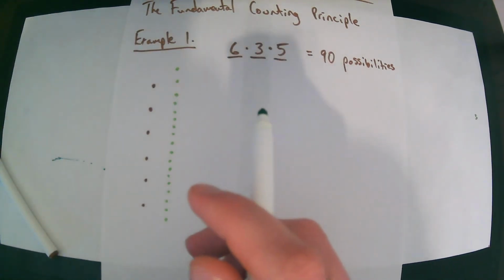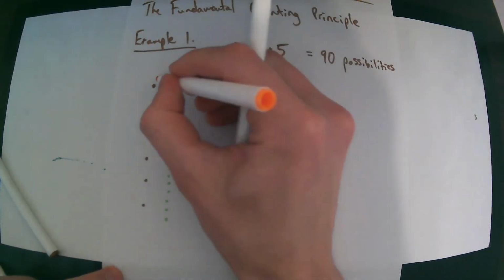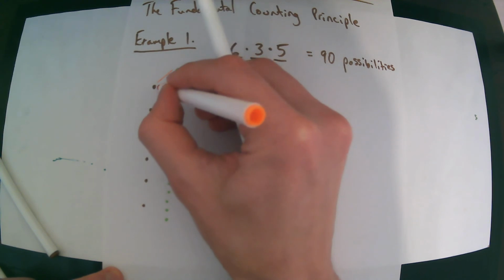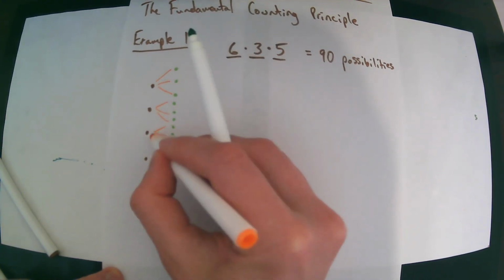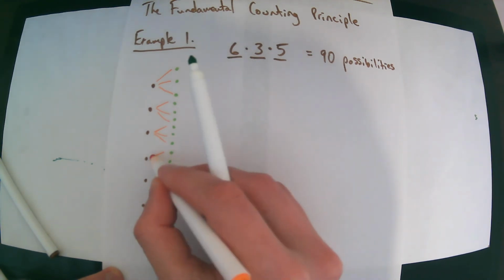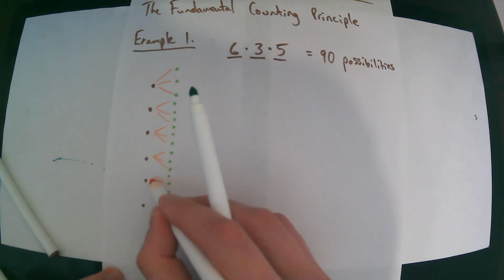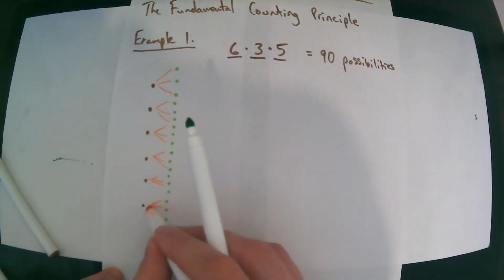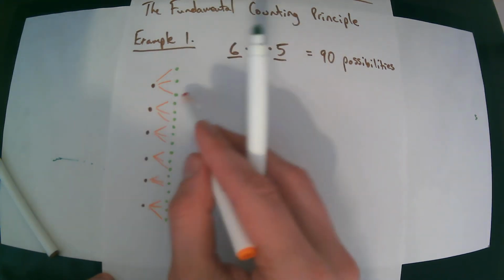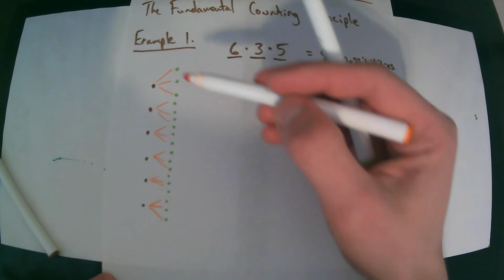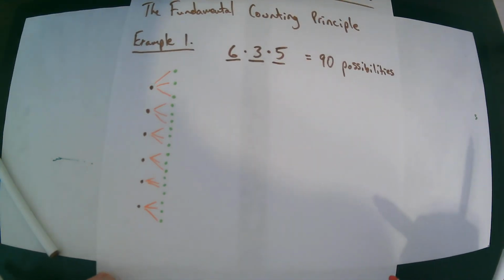I'll use some color in between that's arbitrary. So 3 for that one, 3 for that one, 3 for that one. Okay, so already just based off of these 2 categories, you're seeing 18 possible combinations. Basically just counting up the number of dots at the end here, right?